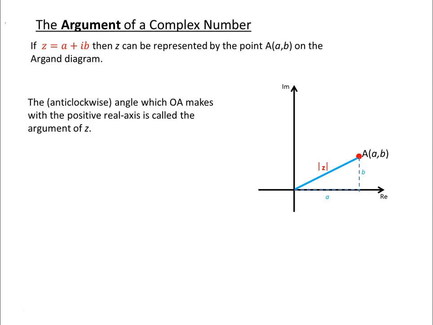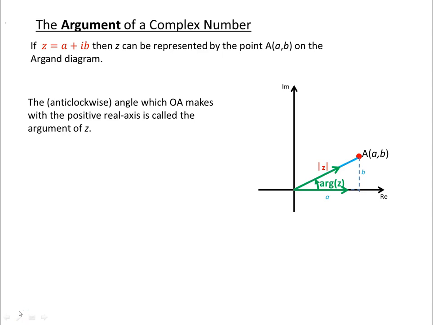So the argument is the anti-clockwise angle which OA makes with the positive real axis. So there's the line OA, there's the positive real axis, and there's the angle which is the argument of Z.